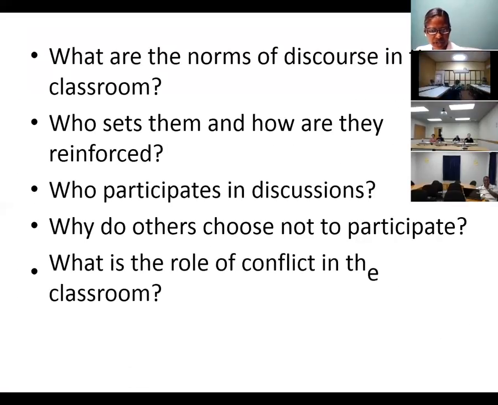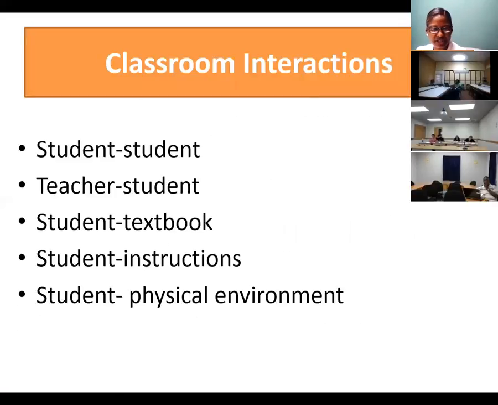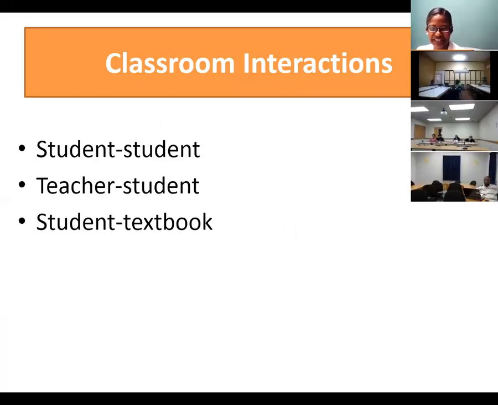Following so far? The classroom interactions are going to be set to some extent by you, the teacher, but also by the physical environment. So some of the classroom interactions are as follows: student and student, you, the teacher, and the student. You might not think of student and textbook as an interaction, but certainly that is one.